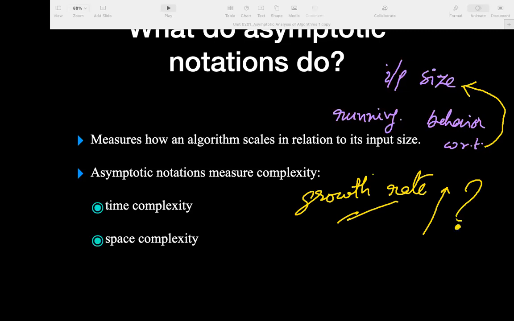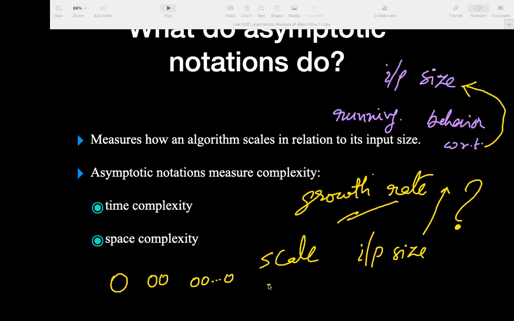Or we can say that it is a measure of how an algorithm is going to scale when we look at the input size, right? We know that input size increases over the period of time. So, for example, you run your program for one input, then for two inputs, then maybe for 100 inputs, then 1,000 inputs, and then we have to see how our algorithm is going to perform when we scale, when we increase the input size, right?